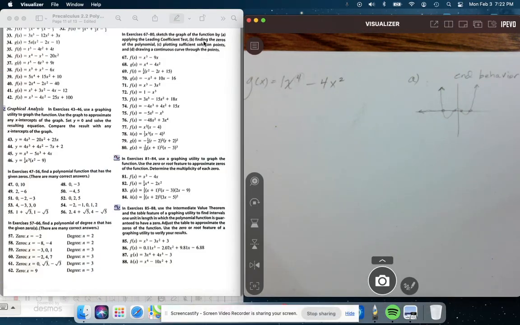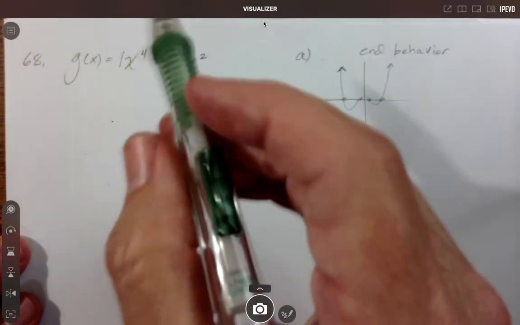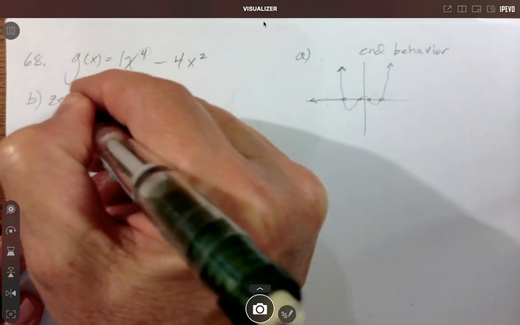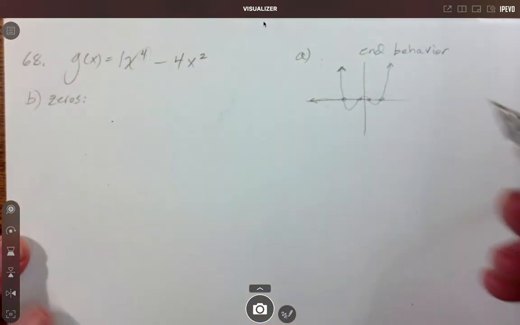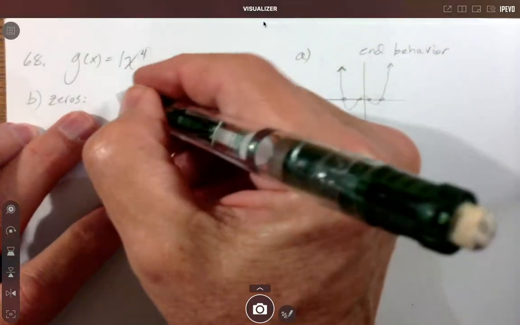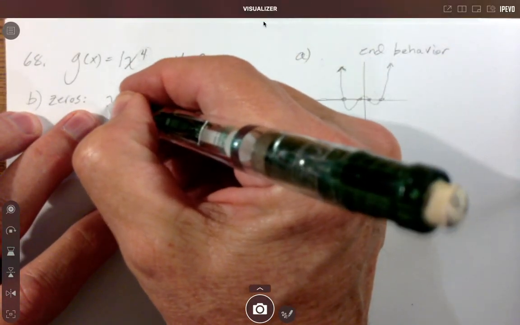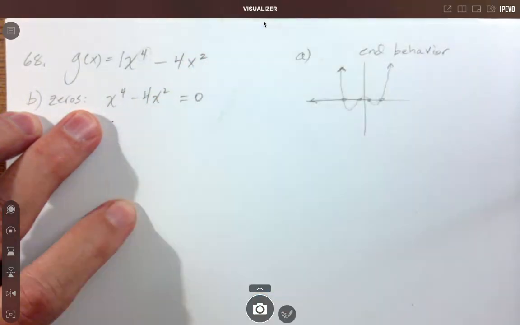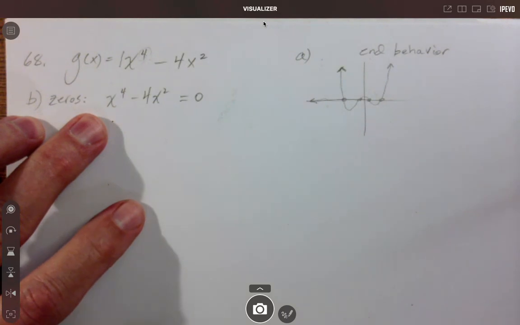B says find the zeros. Okay, find the zeros. So starting off with x to the fourth minus 4x squared, we're going to set that equal to 0 and find out what makes this thing 0.